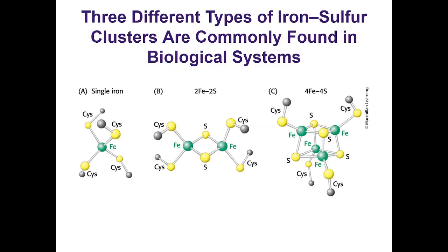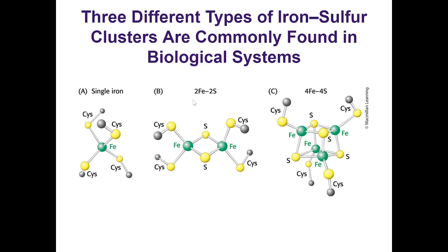Okay, this is the single iron, and here we go on. Now, again, remember that when you have sulfur binding to the iron, you're going to end up with a cluster of 4 in a sort of tetrahedral shape.